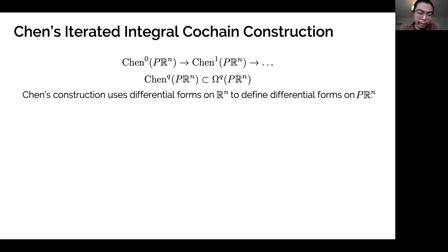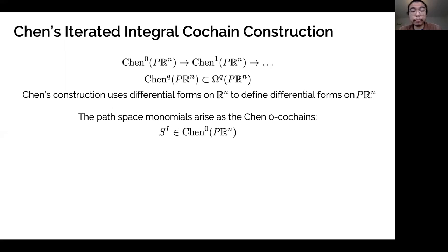Sorry, I forgot to mention that in this section too, I'm going to be assuming that all the maps and paths I'm talking about are smooth, just so that we can talk about differential forms. And the broad idea is that Chen's construction uses differential forms on Rn to build differential forms on the path space. The connection to the path signatures is the fact that these path space monomials arise as the Chen zero cochains.